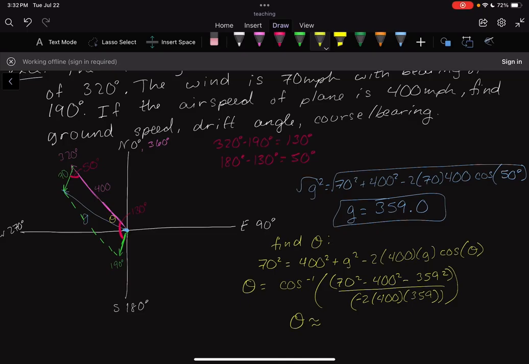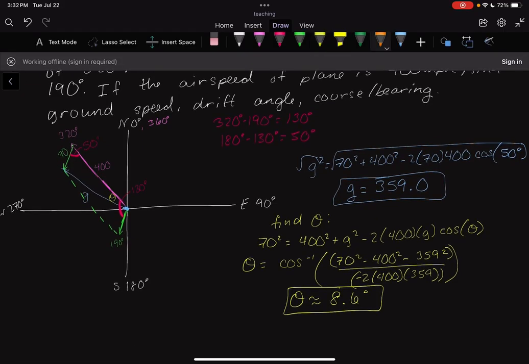For my theta, let me plug it in and I'll tell you what I get. Again, I did not round at all and I got 8.6. So that's my drift angle.